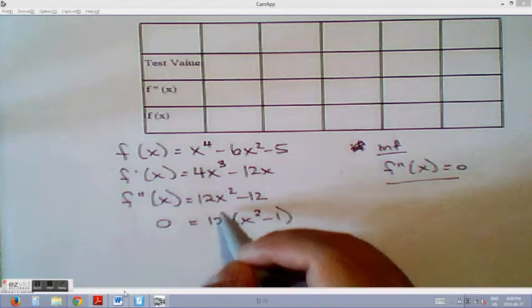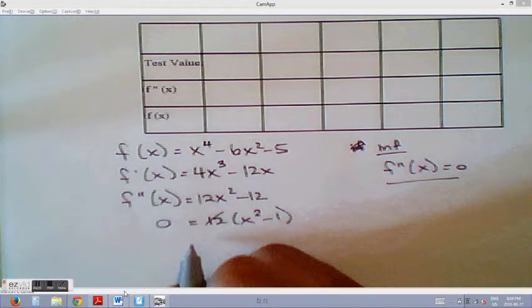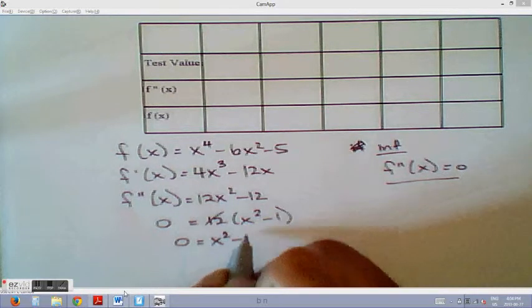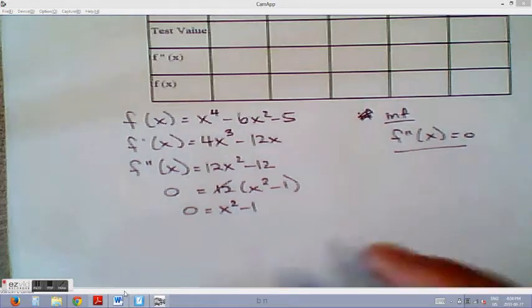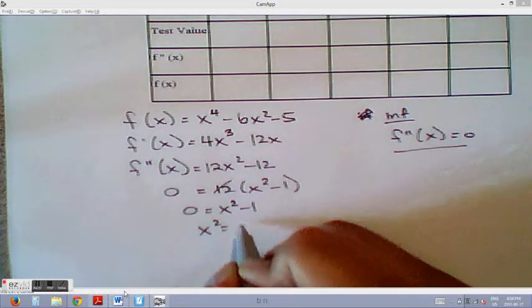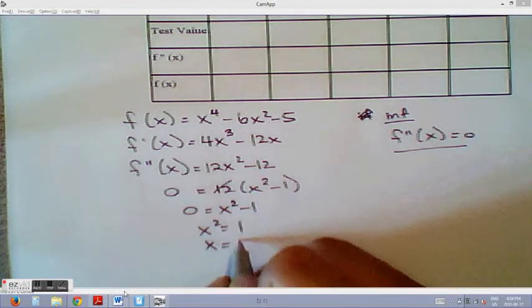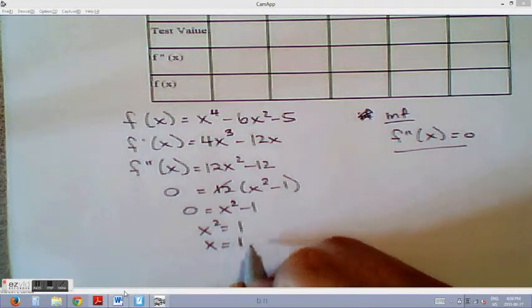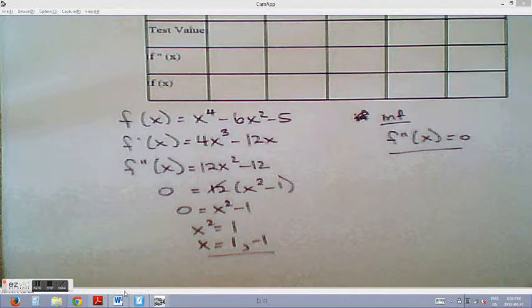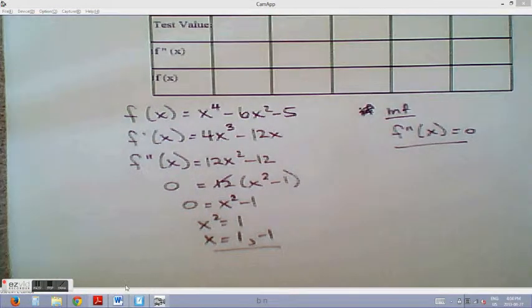Then I'm going to divide both sides by 12, so what I'm left with is x squared minus 1 equals 0, and I'm going to solve for the value of x. x is equal to 1 and negative 1. So we have inflection points at 1 and negative 1.